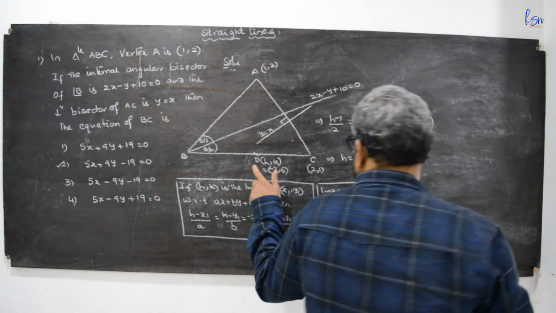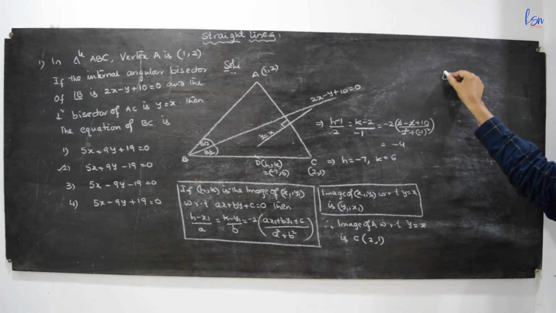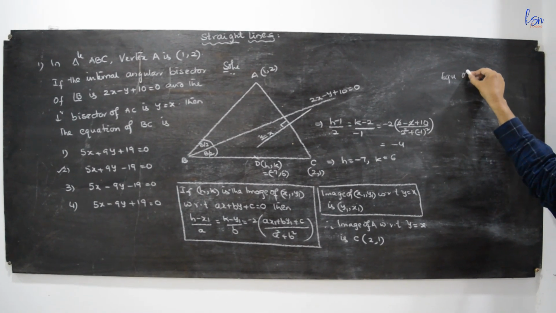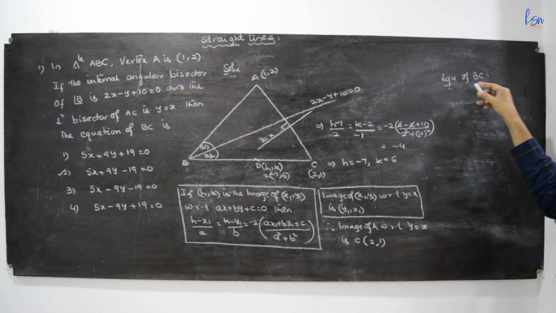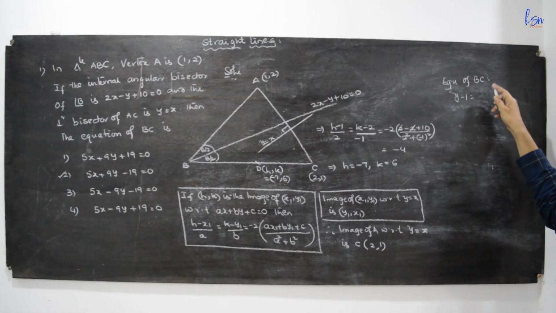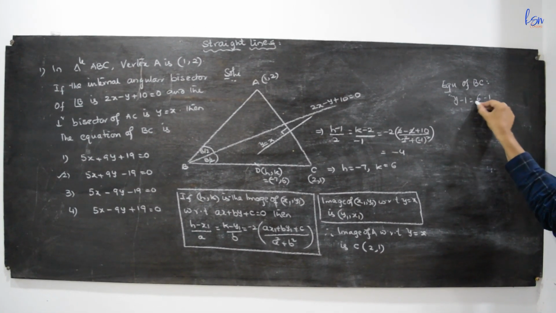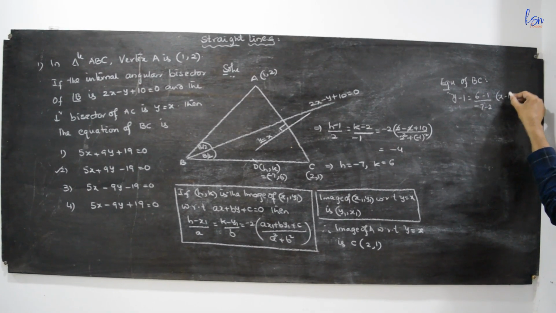Now we know the point D and also C. Therefore, the equation of BC: y minus 1 is equal to (6 minus 1) by (minus 7 minus 2) into (x minus 1).